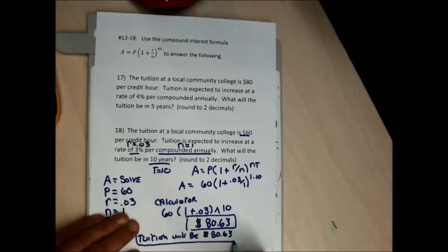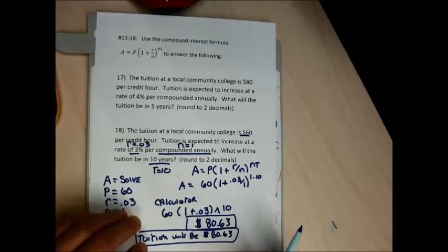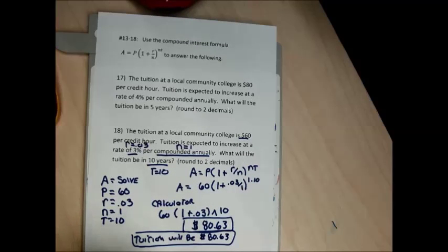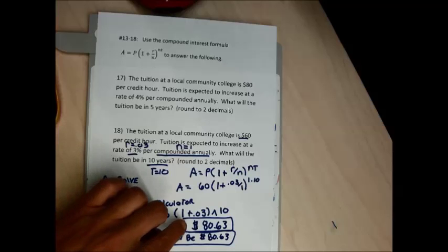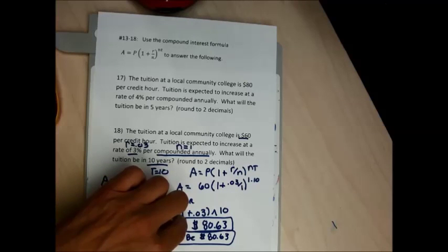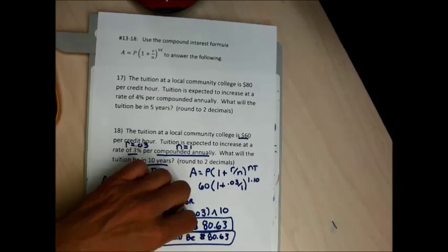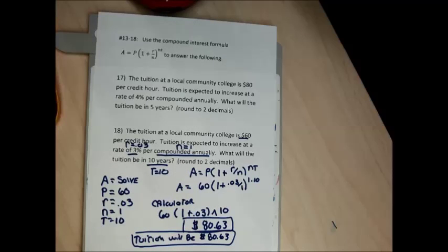I've never seen tuition that has pennies in the amount, so I might have said round to the nearest dollar, maybe round that up to $81, but because it says round to 2 decimals, I'll round to 2 decimals. You can give your answer just as a dollar sign with the number, or you can do a short little sentence.